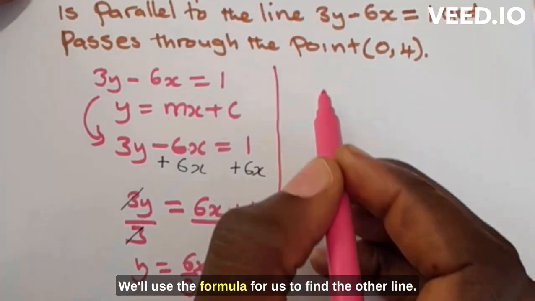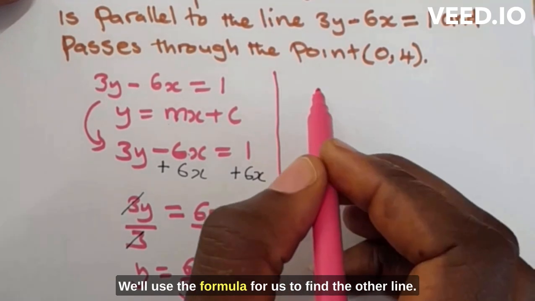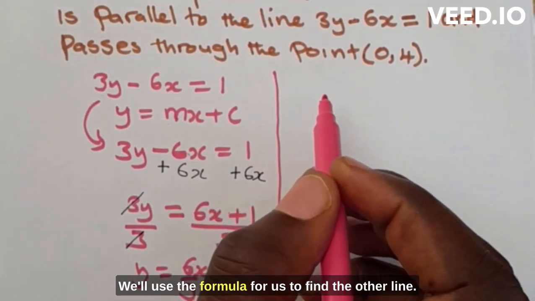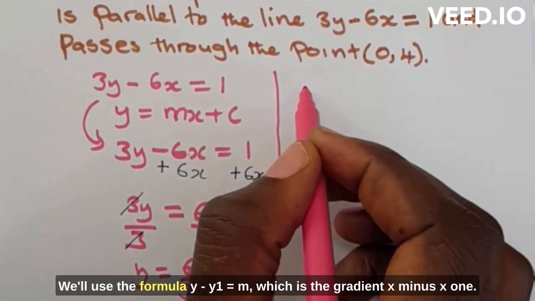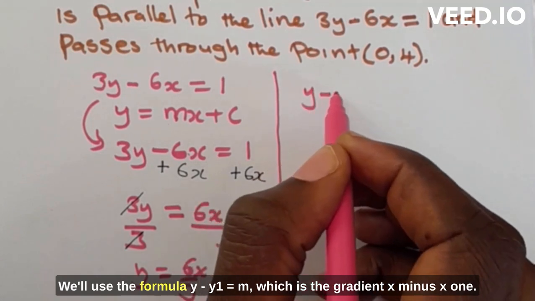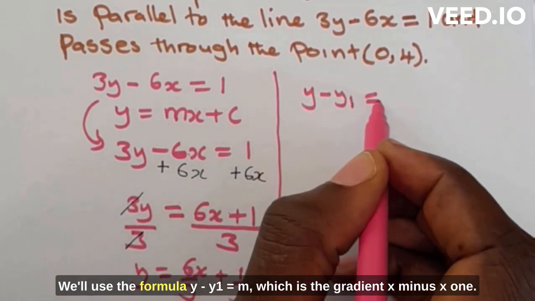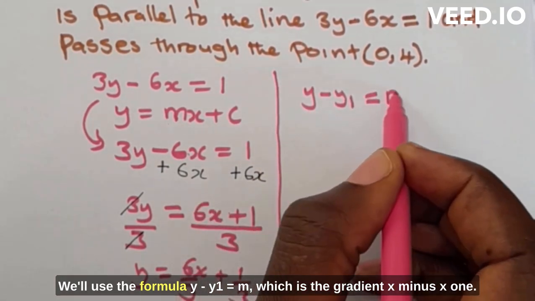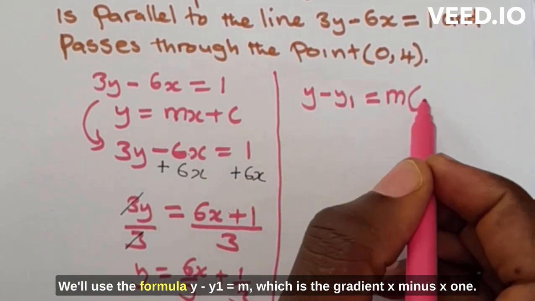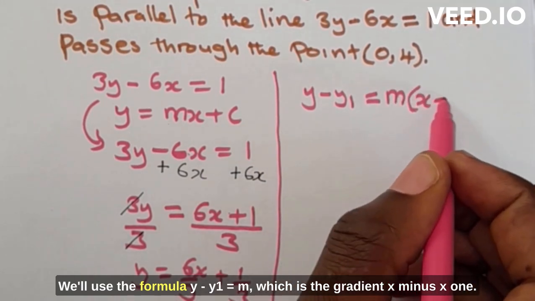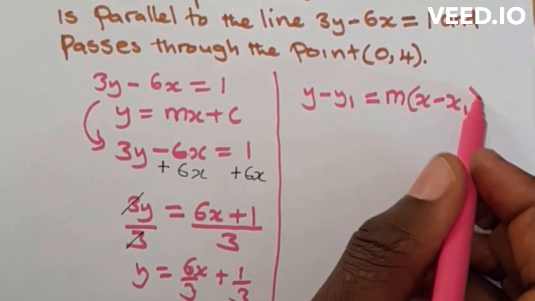We'll use the formula y minus y1 is equal to m, which is the gradient, times x minus x1.